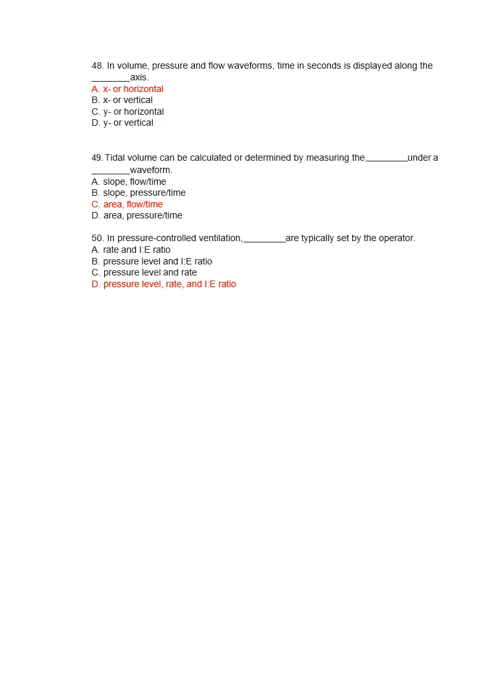The I ratio will also be set by the operator, and the tidal volume delivered will differ based on the patient's and the ventilator's dynamics and mechanics. So in pressure control ventilation, the pressure level, the rate and the I ratio are set by the operator, and the volume delivered will vary from breath to breath.